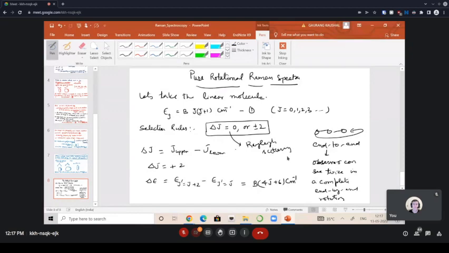J is the rotational quantum number, and B is the rotational constant.